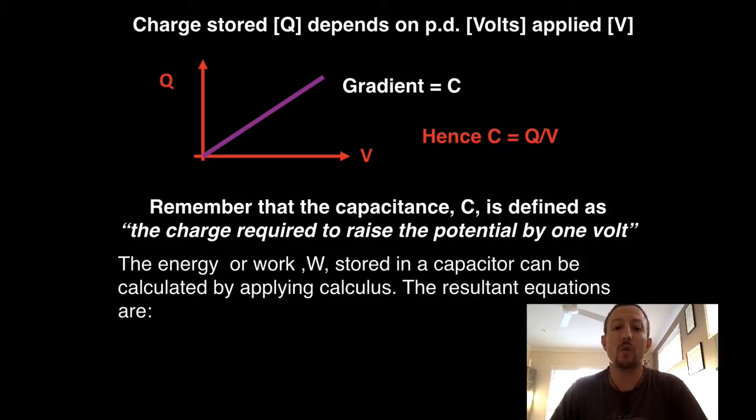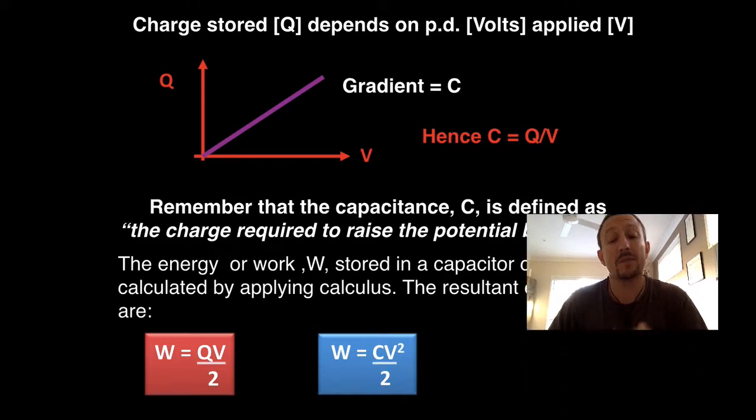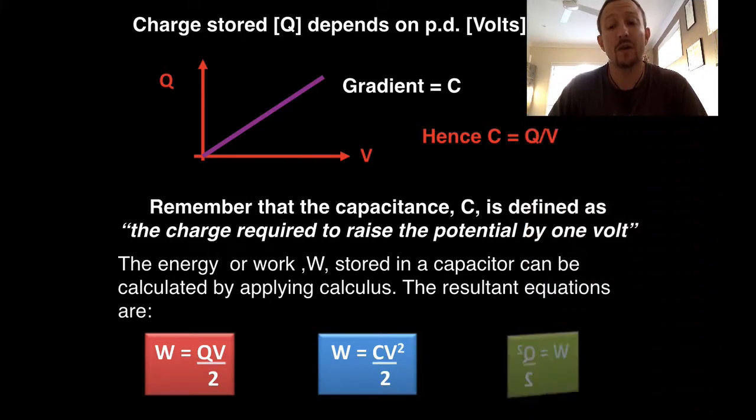So the energy or work stored in a capacitor can be calculated by doing calculus on the graph that we basically got there and looking at the area under the curve. Basically the work can be determined by Q times V over 2, or work can be capacitance times the voltage squared over 2, or work can equal the charge squared over 2C.